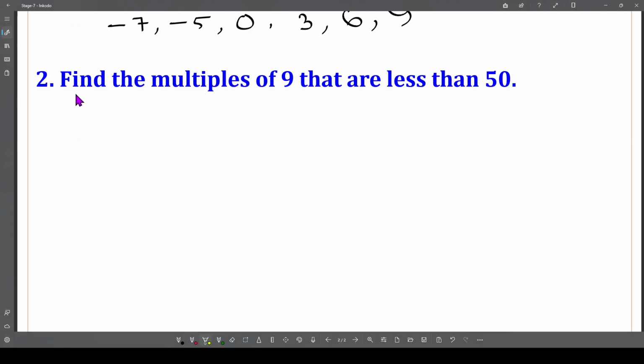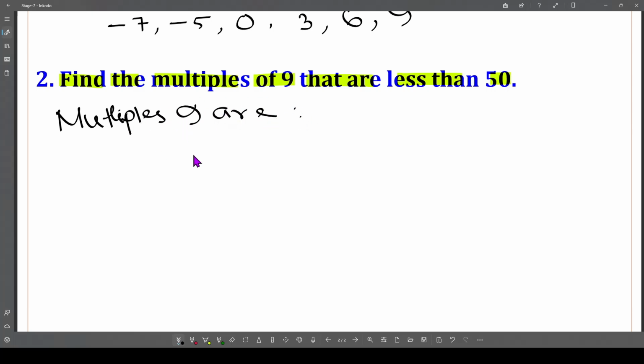Second question: find the multiples of 9 that are less than 50. So we can write multiples of 9.